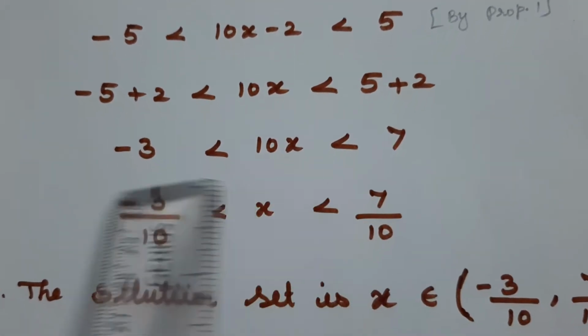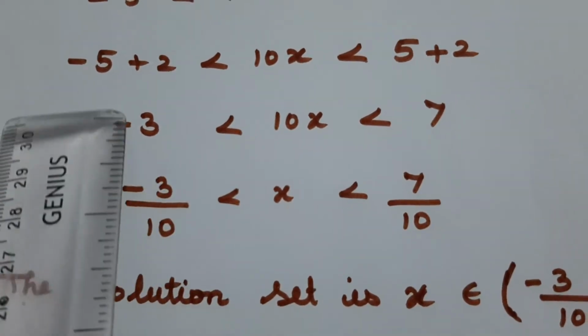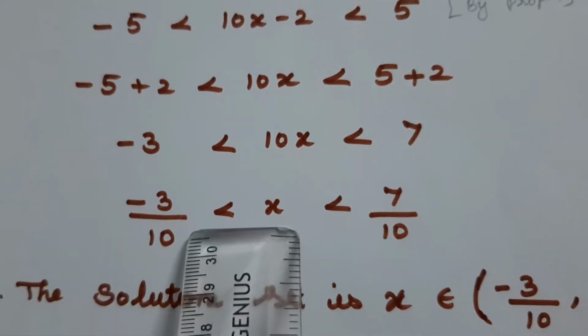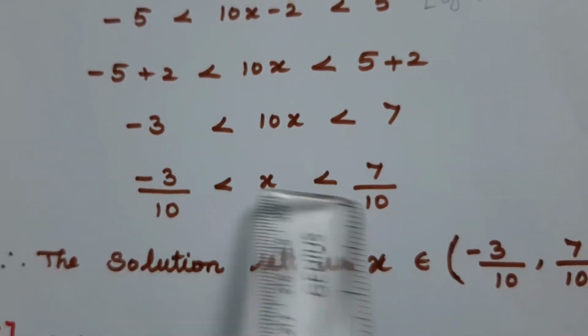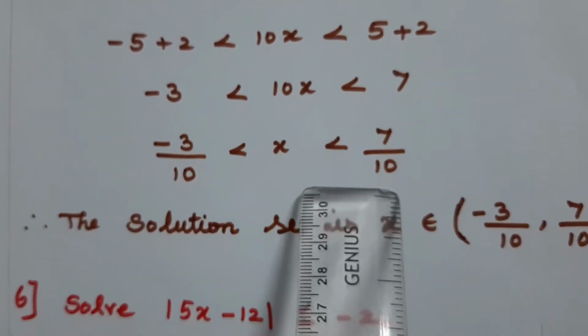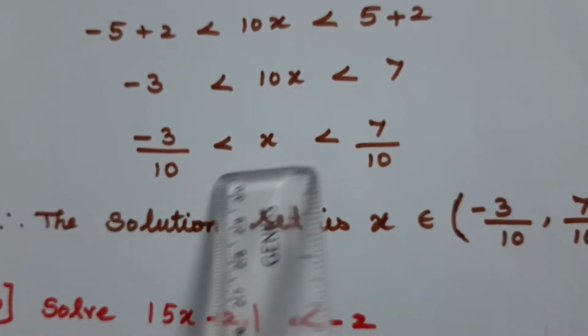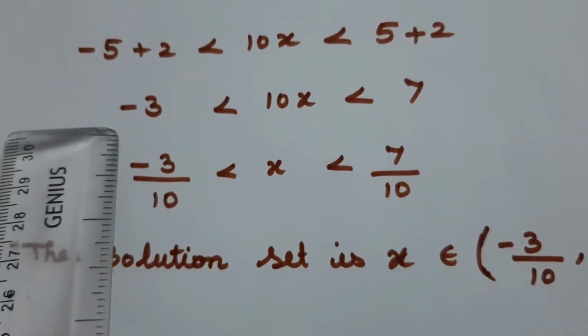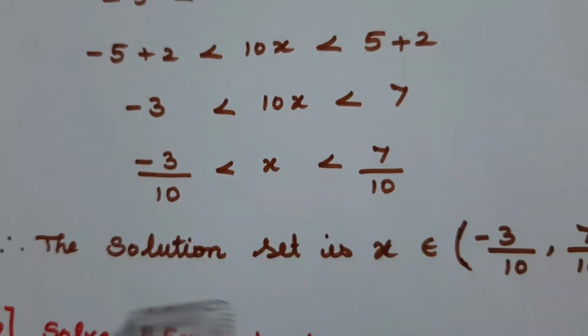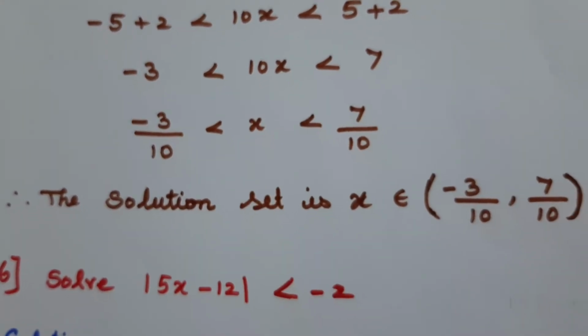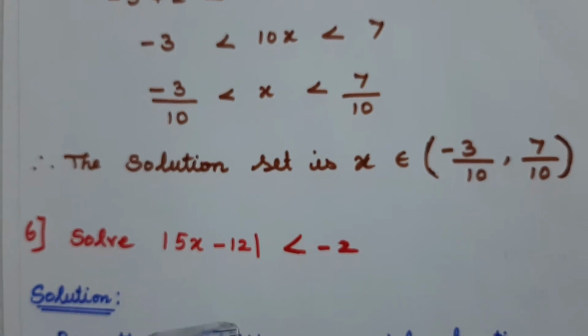So, bring the divide throughout by 10, we will have minus 3 by 10, 10x divided by 10, 10 will get cancelled, less than 7 by 10 we will have here. So, now your x value ranges from minus 3 by 10 to plus 7 by 10. So, this is the solution set of the given question.